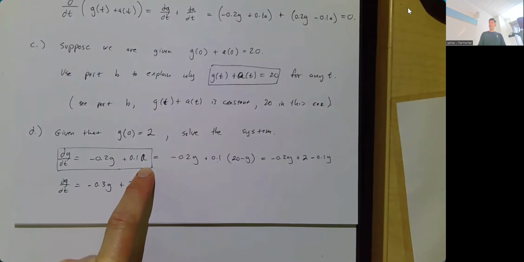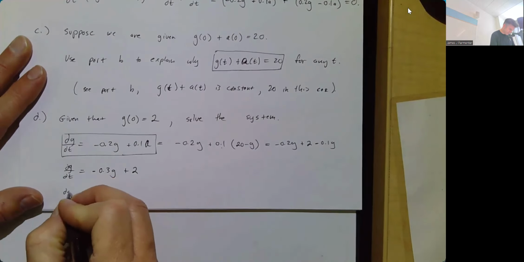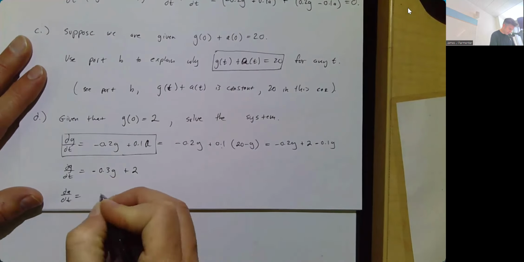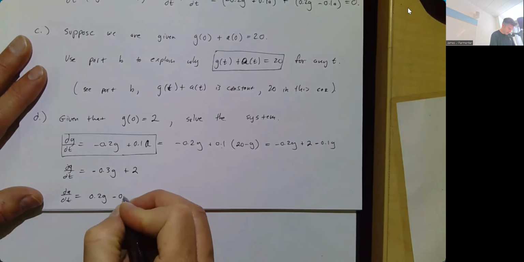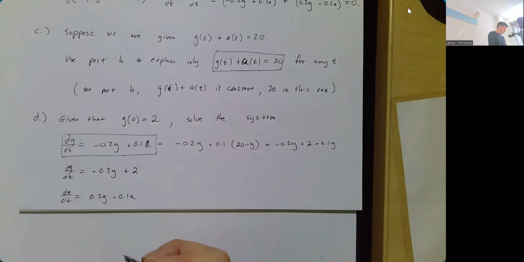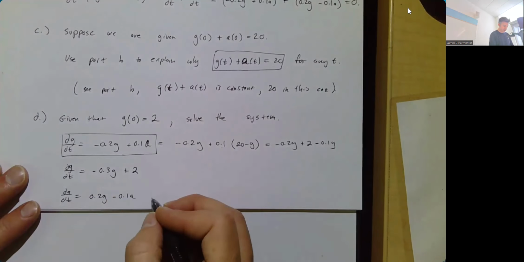And in a similar way, we could find that dA/dt equals positive 0.2 times g minus 0.1 times a. I don't think I need to do all that. We could solve this, but we're not going to.